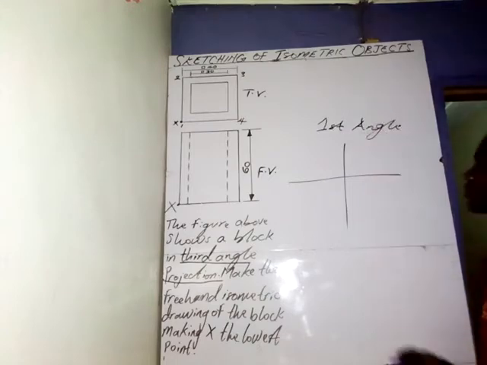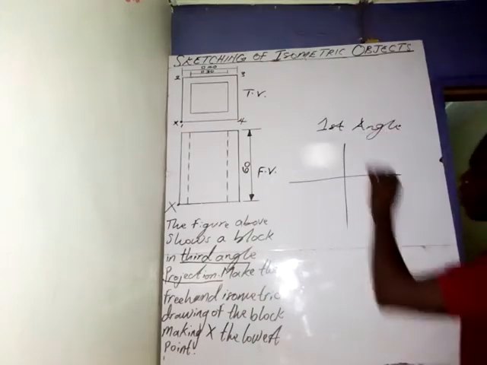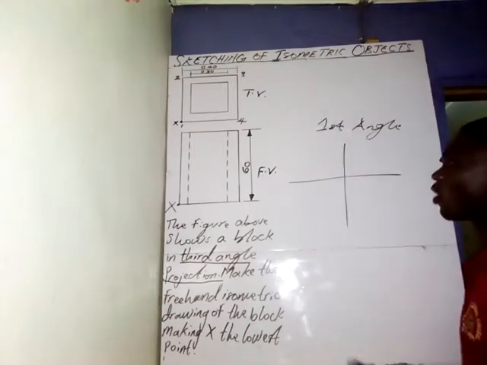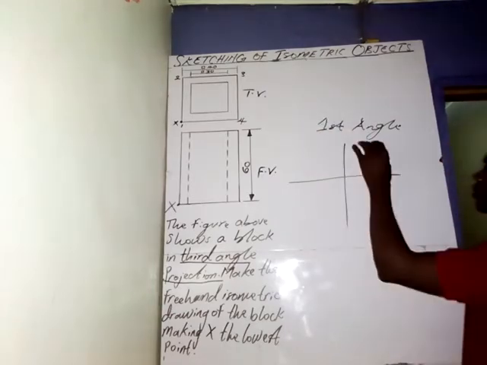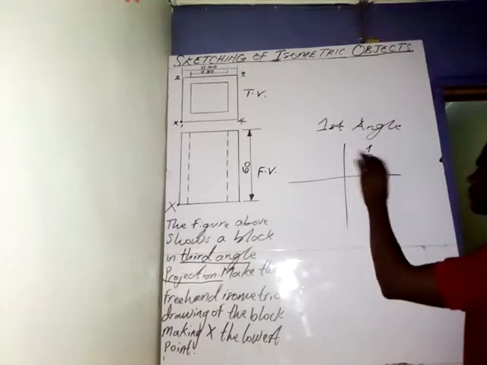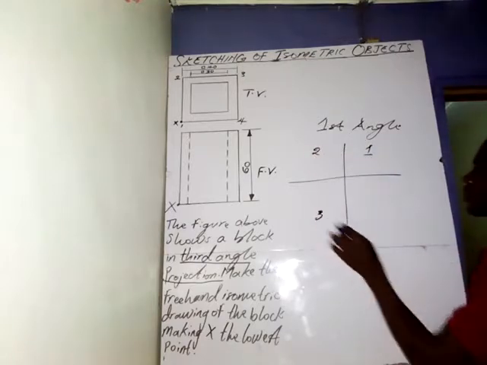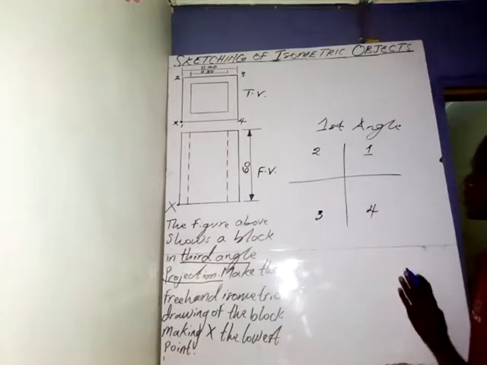We usually make use of 4 quadrants whenever we want to produce orthographic views of an object. Here is the first quadrant, here is the second quadrant, here is the third quadrant, and here is the fourth quadrant.